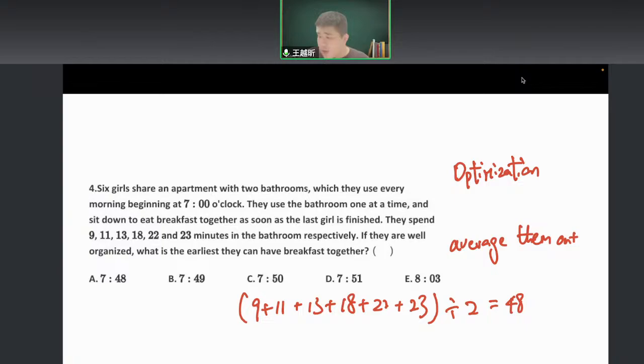I believe this equals 48. So we try to make the time used in each bathroom close to 48. You can do it like this: 9, 11, 18, 13, and maybe 22 and 23.